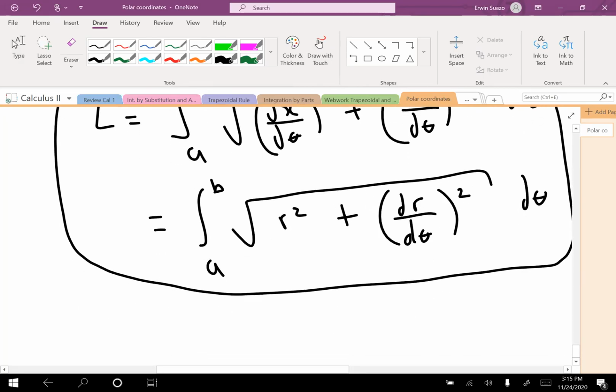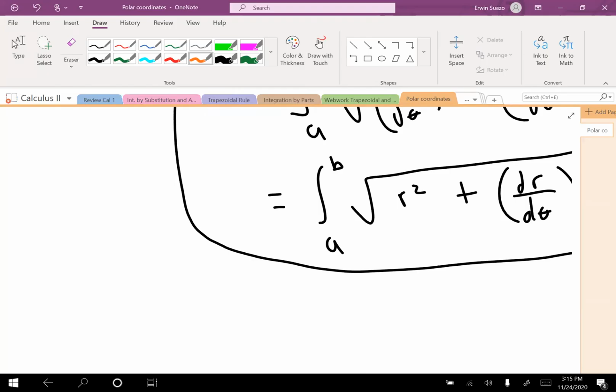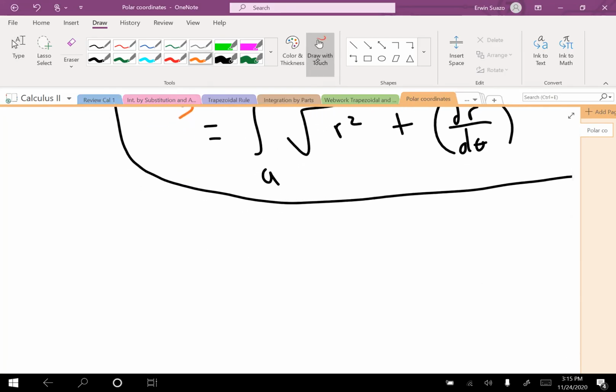So we want to use this one for polar coordinates. So let's do an example.